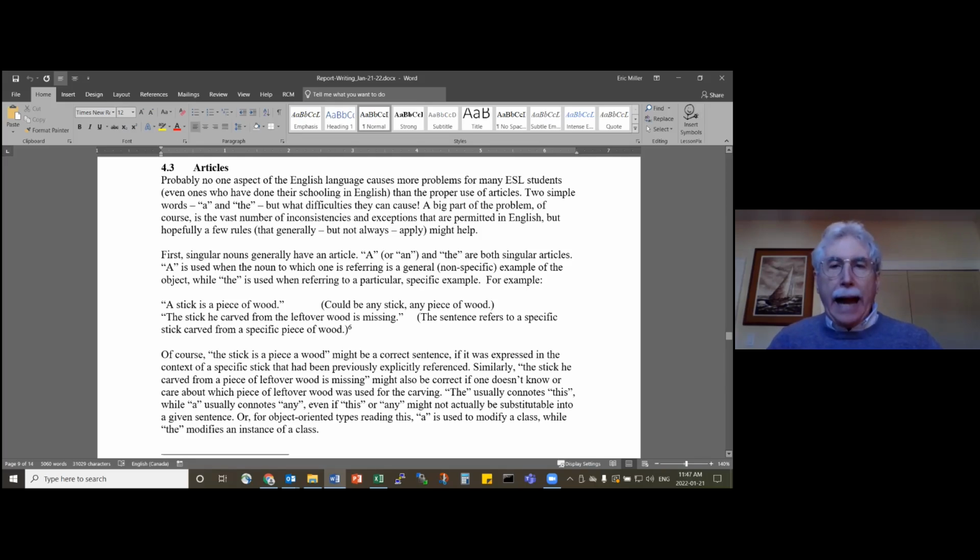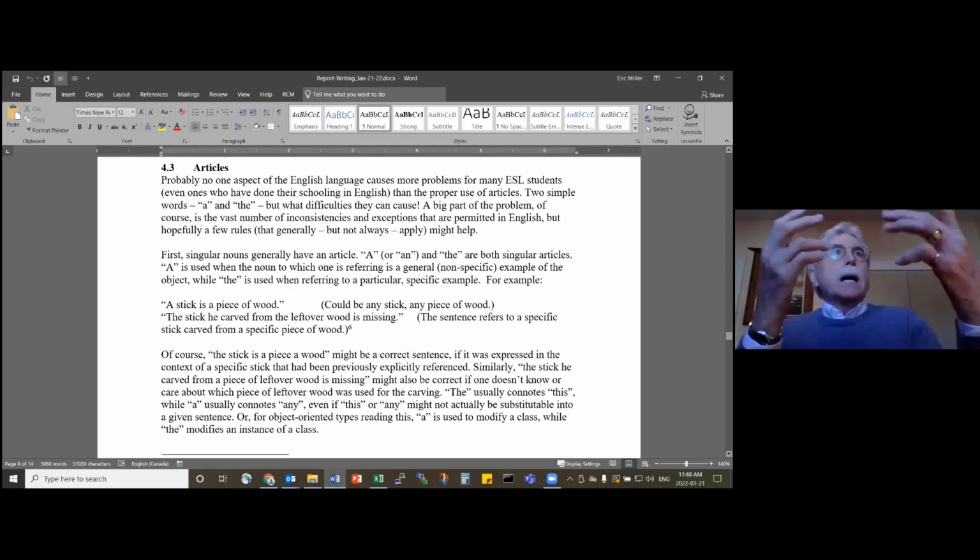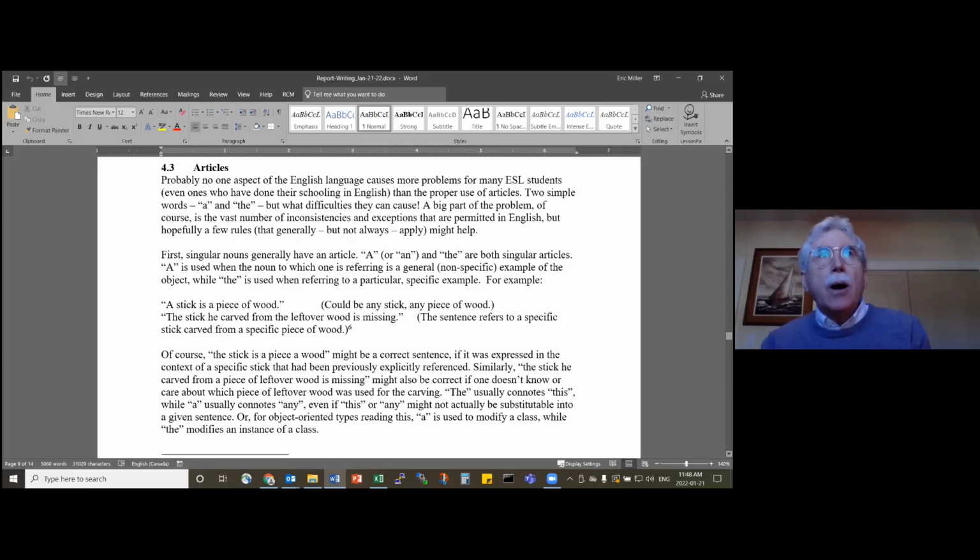So a and the can both be used as singular articles. A is used to modify or refer to a singular noun which is a generic, general, non-specific example of whatever the noun represents, whereas the is used when referring to a particular, specific example.